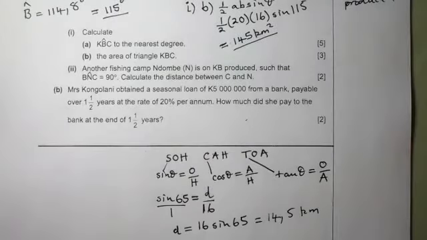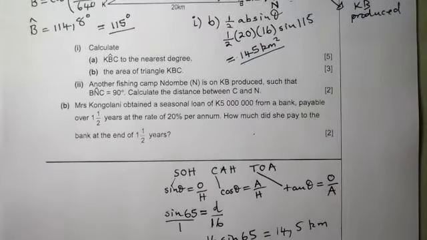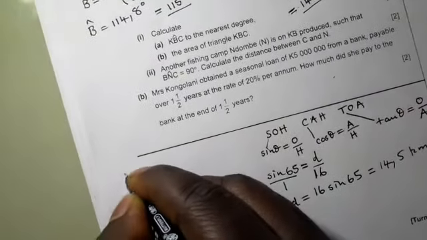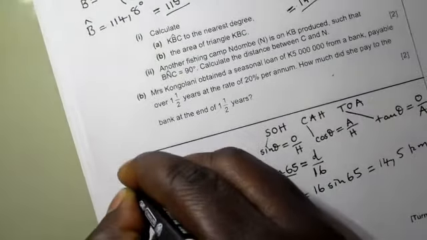Right, welcome to part B of the question. It reads, Mrs. Kongolani obtained a seasonal loan of 5 million from a bank, payable over 1.5 years at a rate of 20% per annum. How much did she pay to the bank at the end of 1.5 years? So we make use of the formula interest, right?